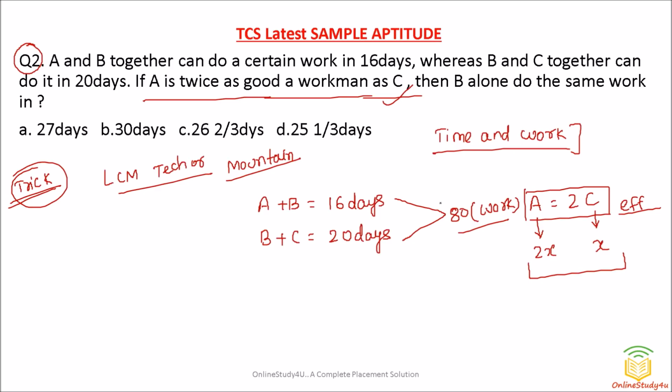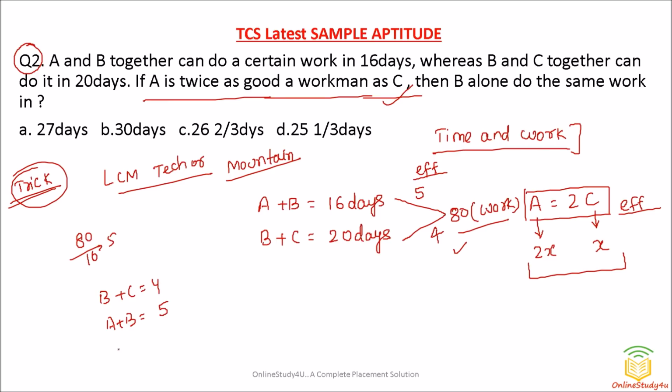Now friends, 80 by 16 will be 5, and 80 by 20 will be 4. So we got the efficiency of A plus B and B plus C. B plus C efficiency is 4 and A plus B efficiency is 5.